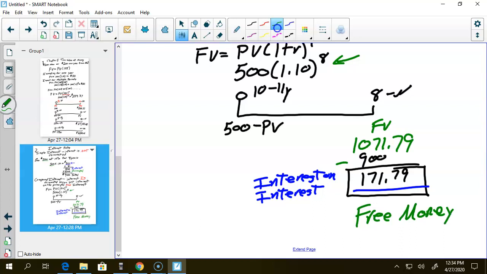Okay. If you want to get a visual representation of that, take a look at figure 5.1 in your book, and what you can see there when you look at that blue area is your principal. The orange area is what you would get with your simple interest, and you can see the green is what happens with compound interest.